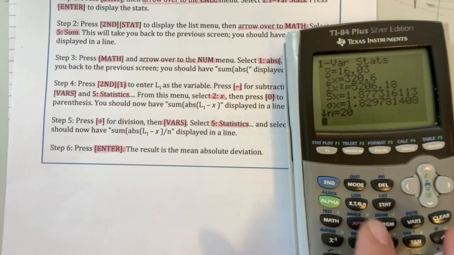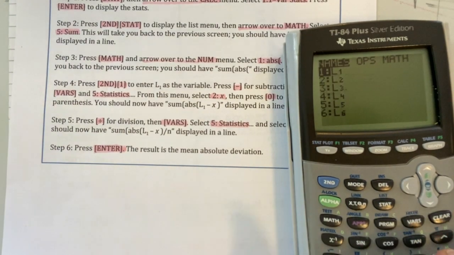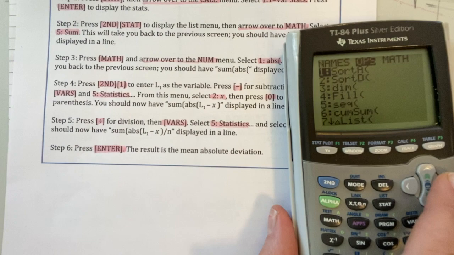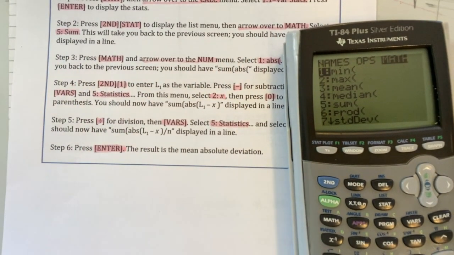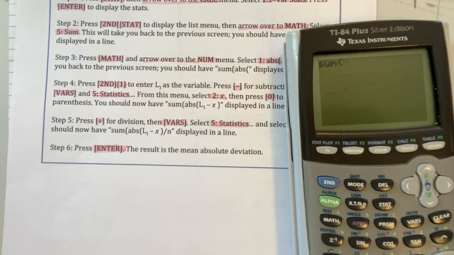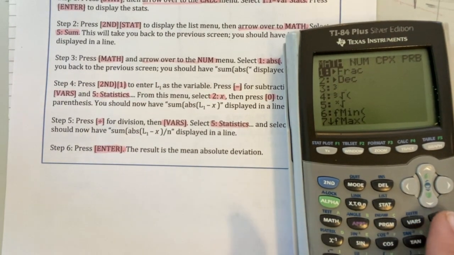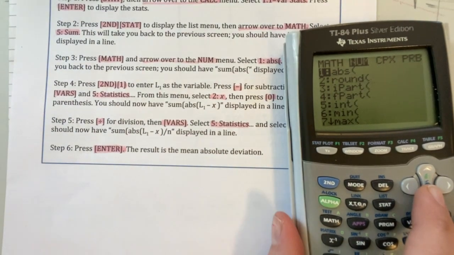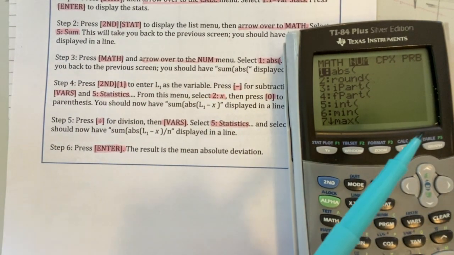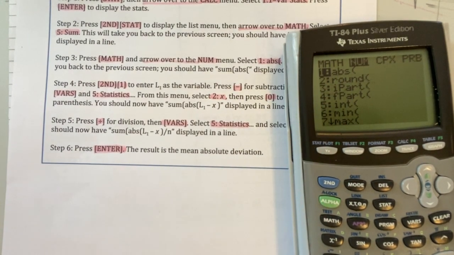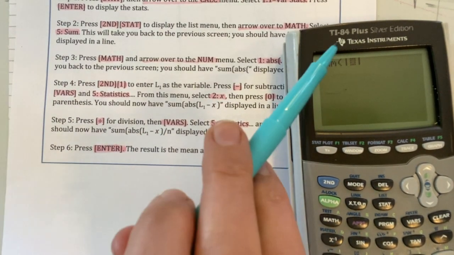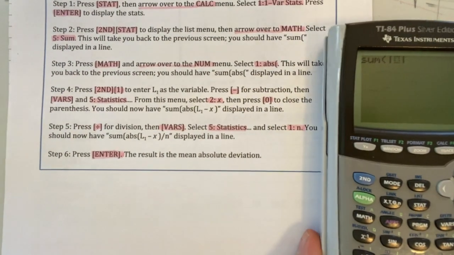Then I'm going to click Second Stat. And it'll display this menu. I want to arrow over to where it says Math, and I'm going to click Sum. And then I'm going to click Math again. And I want to go over to Num. And this time I want it to be the absolute value. So those are my absolute value bars.